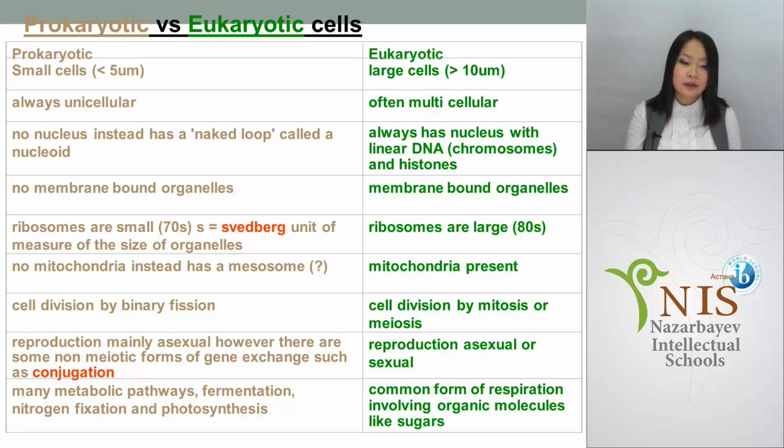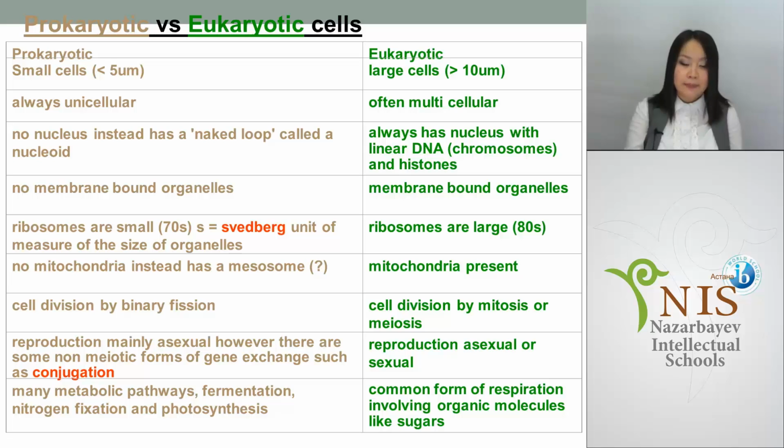Prokaryotic reproduction is mainly asexual, however, there are some non-meiotic forms of gene exchange, such as conjugation, and eukaryotic cell reproduction could be asexual or sexual.